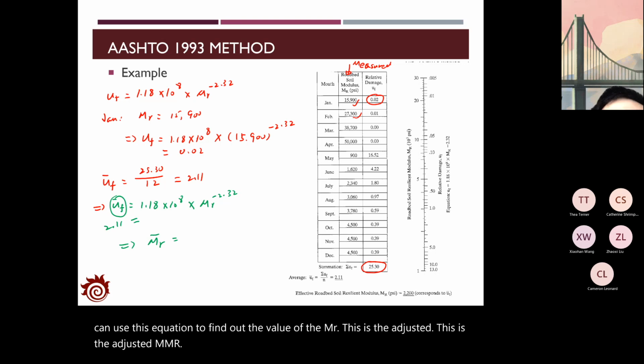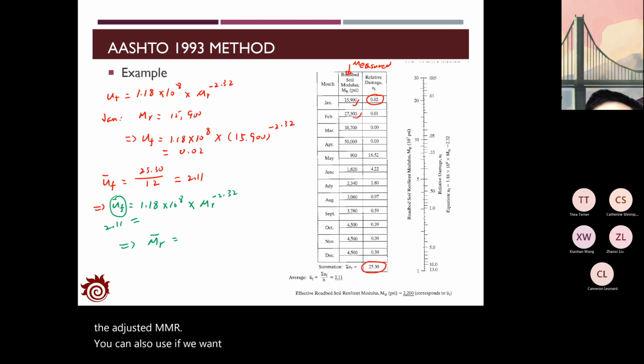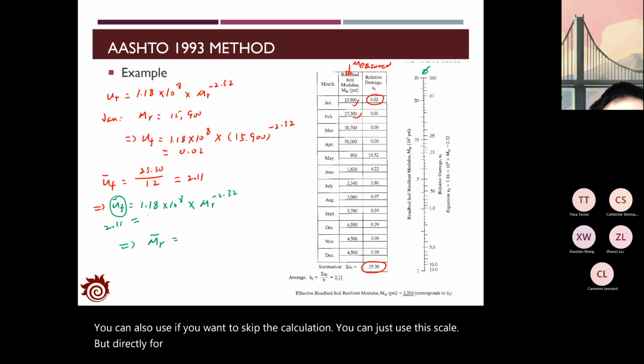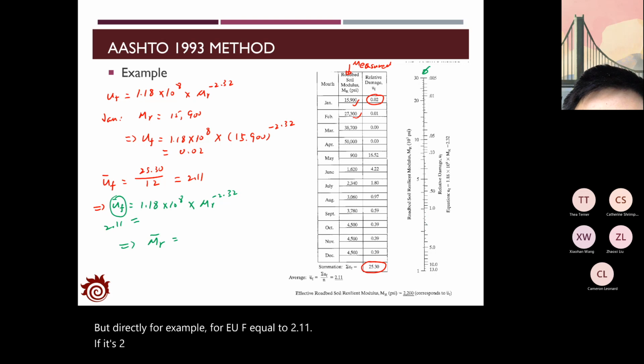If you want to skip the calculation, you can just use this scale directly. For example, for the UF equal to 2.11, that will be someplace around here.